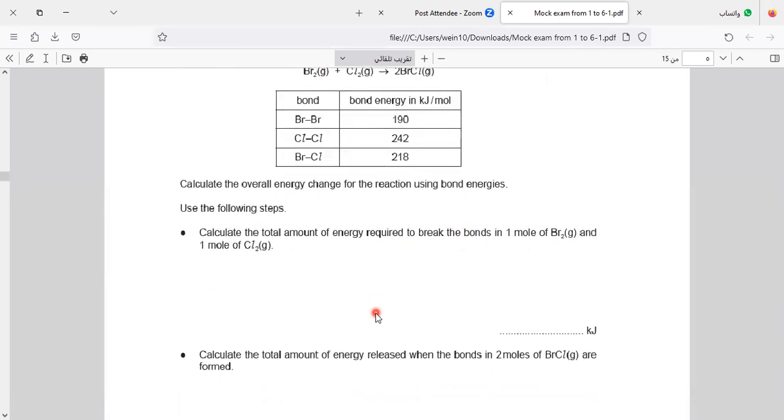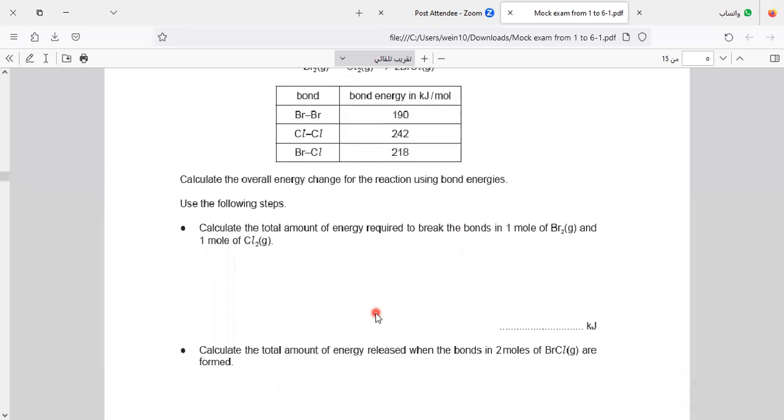If you need 2 moles of 2BrCl, here we need the amount of moles of Br2 and Cl2.